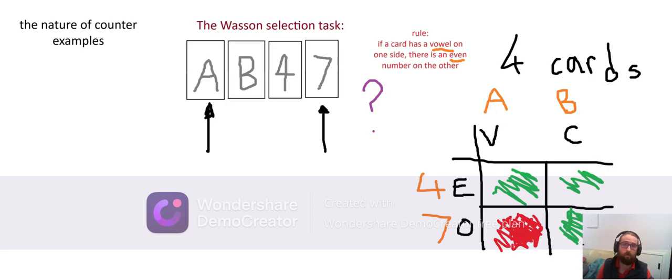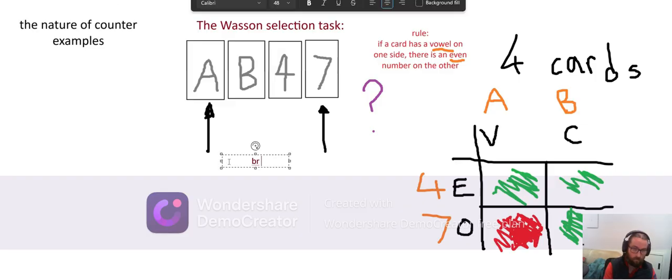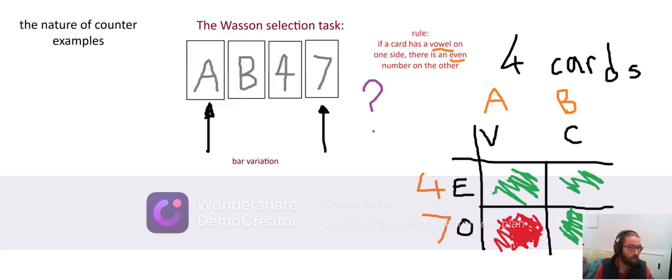So for example, there's a variation called the bar variation, where instead of numbers and letters, the cards refer to people who are in a bar and what they're drinking. So on one side is going to be the age of the person, and on the other side is going to be the drink that they're drinking.